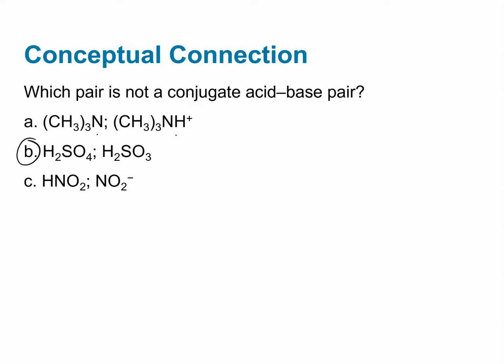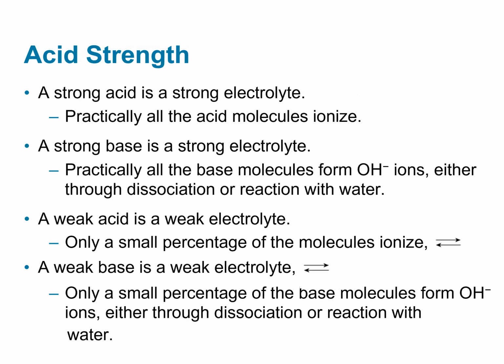And looking at C, we have HNO2 and NO2 minus. In this particular case, this is our acidic proton as drawn with the hydrogen up front. If you were to lose that hydrogen, you would get a conjugate base, NO2 minus. So that makes sense. That is an acid-base conjugate pair. And that is the correct answer, B.